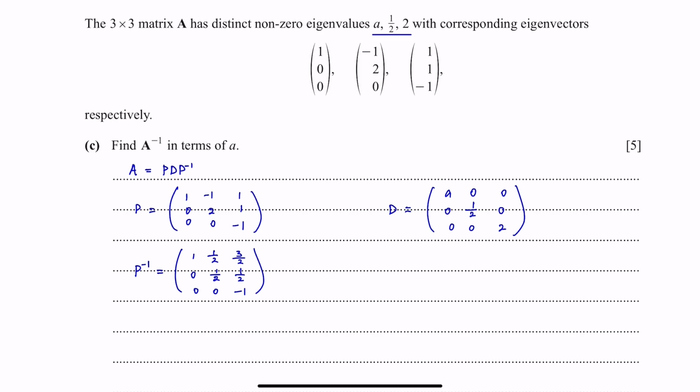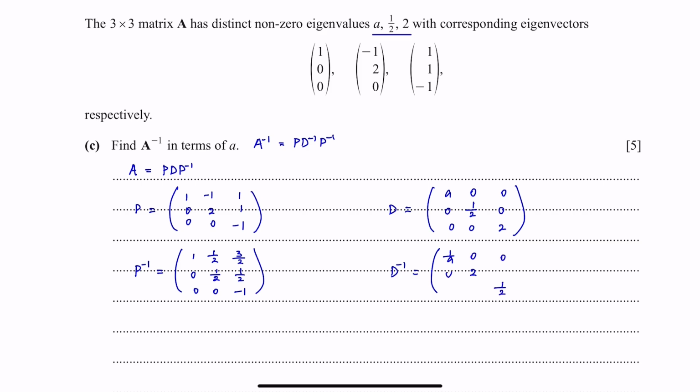And since we want to find A inverse, it is P D inverse P inverse. So we need to find D inverse. And the inverse of a diagonal matrix, basically you just take the inverse of these three values. So 1 over a, 2, and half.